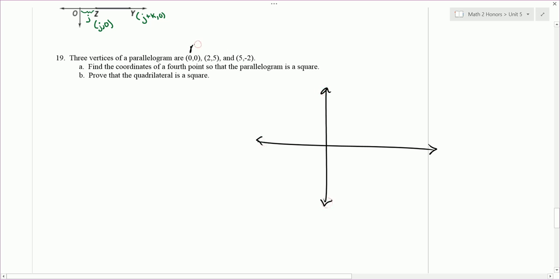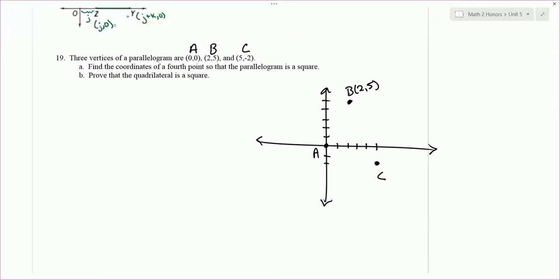So I'm going to call 0, 0 point A, 2, 5 will be my point B, and 5, negative 2 will be my point C. So A is right here, 2, 5, right here, 5, negative 2, right here.